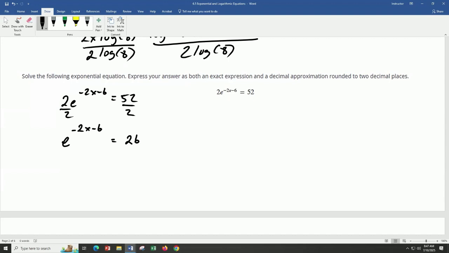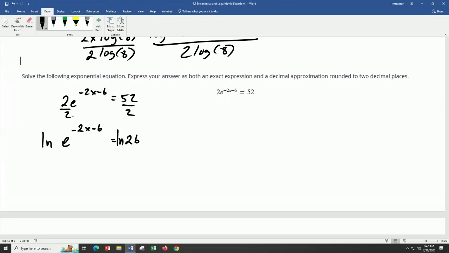Using your intuition, how would I get rid of an e? Take the natural log of what? You're in algebra class. What you do to one side, you have to do to the other side. So watch what happens when I take the natural log on both sides.